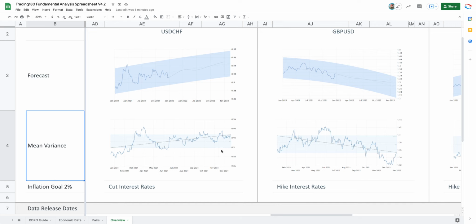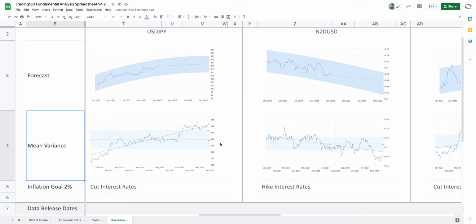I want to be a buyer of dollar Swiss currently, but when I look at mean variance, we're actually closer to fair value, because there's something called a mean reversion trade, where prices generally come back to their mean, or their average. So for me, looking at price over the past year, this might be a great opportunity to look for buy trades on dollar Swiss.